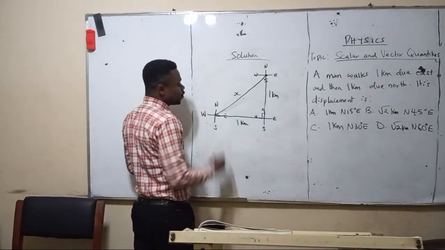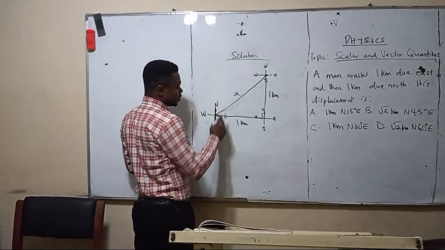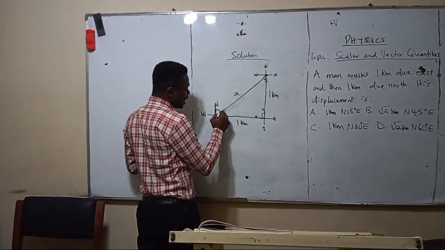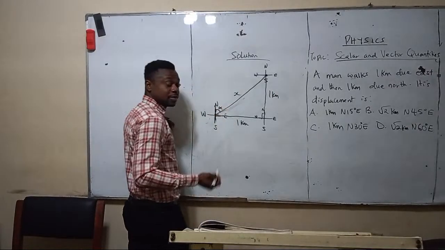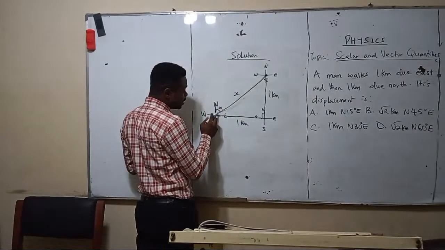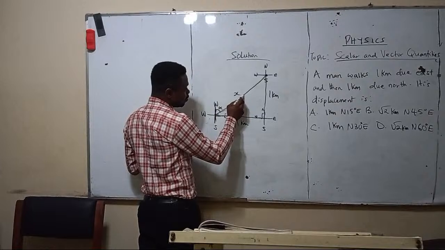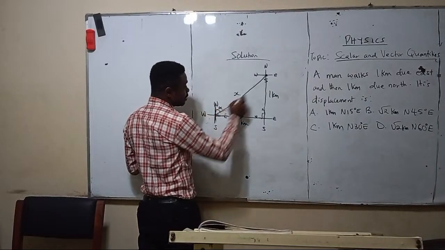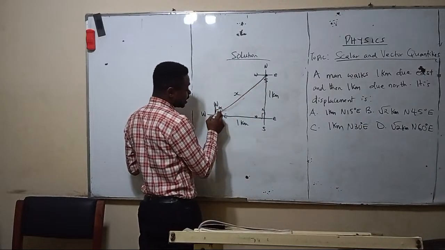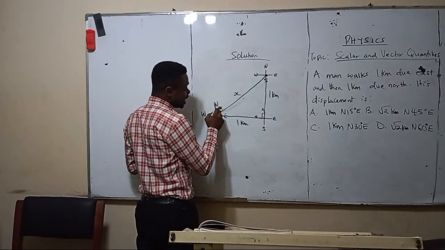So this is the magnitude of the man's displacement. Now to find the direction, this angle here, I can call it angle alpha. This angle alpha lies between the north and the magnitude of the displacement, and it gives the bearing.